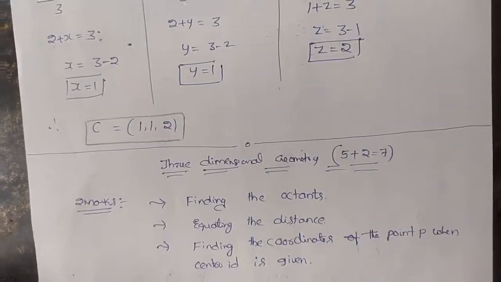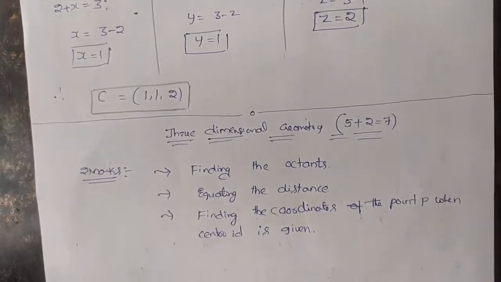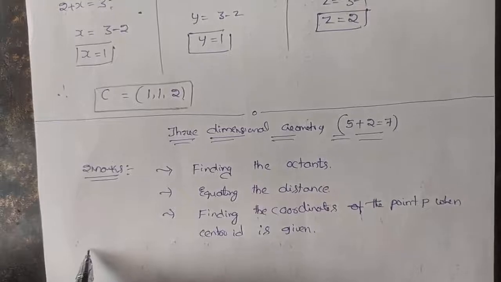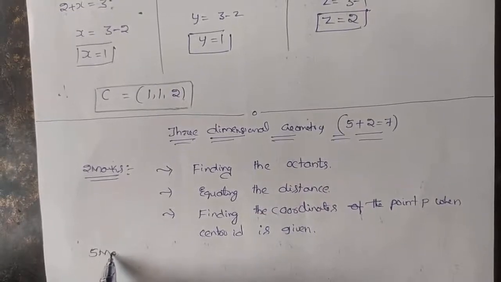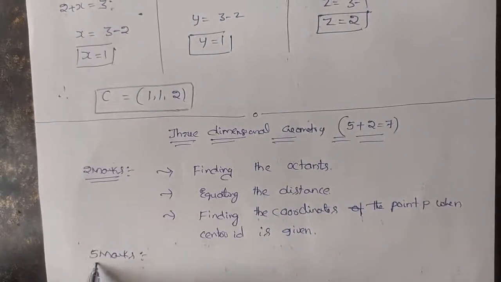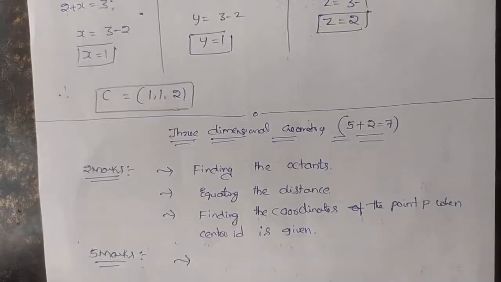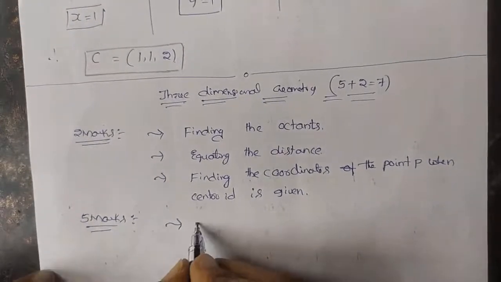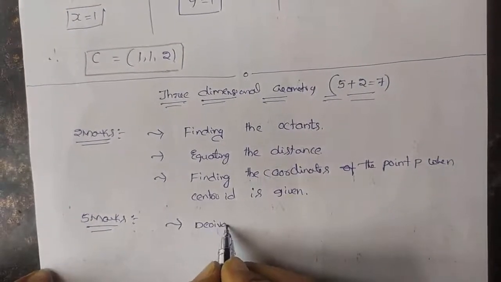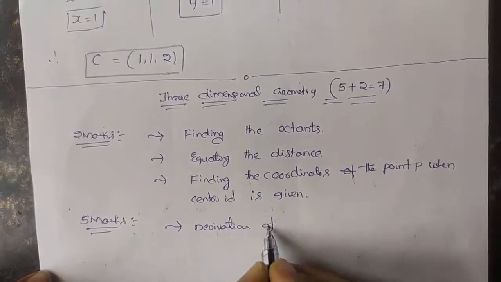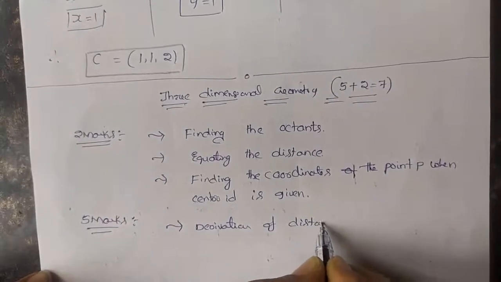Maybe they will ask for your examination. 5 marks question. 5 marks possibilities will be, you just give the first preference, derivation of distance formula.